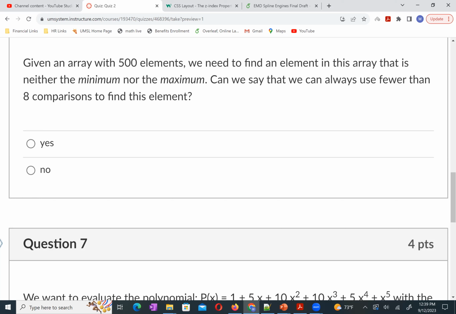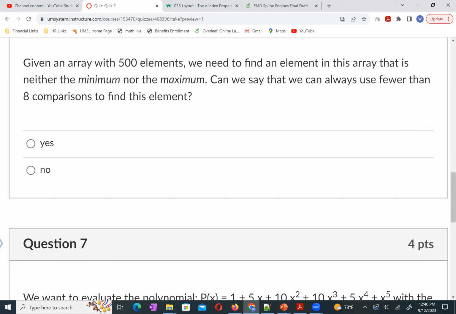Use a certain number of comparisons. Here, we do not know how many, just a certain number of comparisons. Suppose we can find a solution with A comparisons.